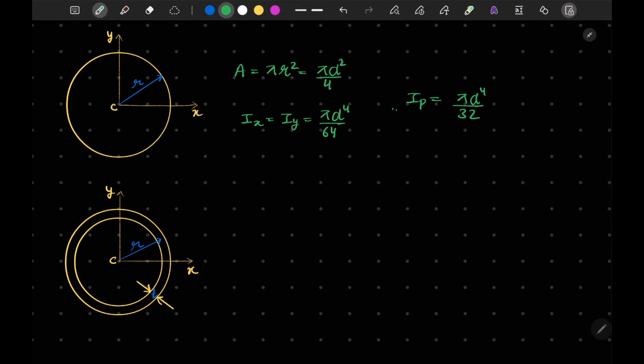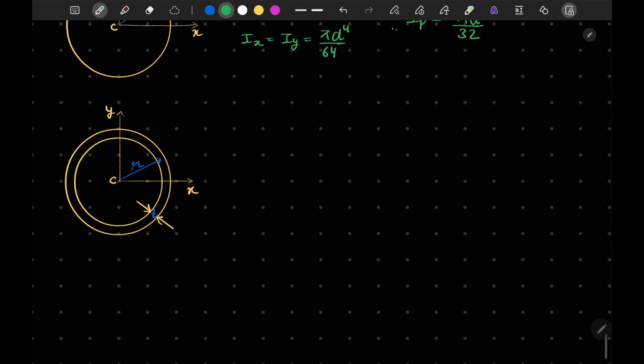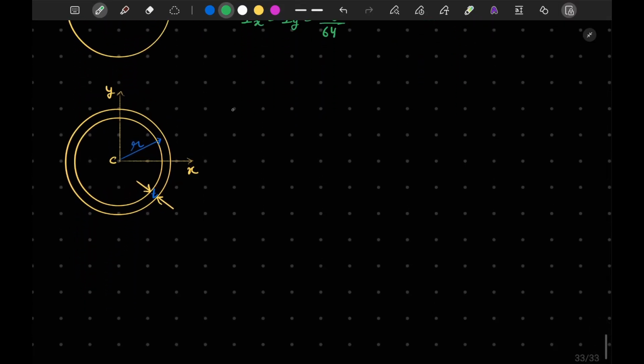In case of a circular ring, you can write area is equal to pi d t, with d as the diameter, or equal to 2 pi r into t.